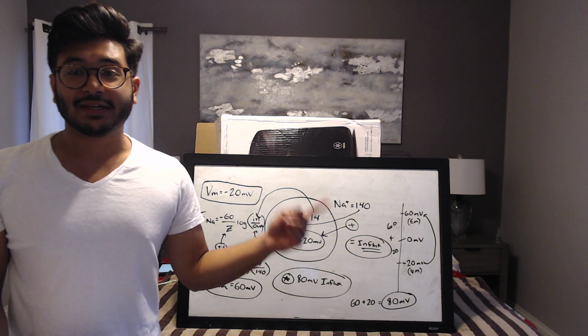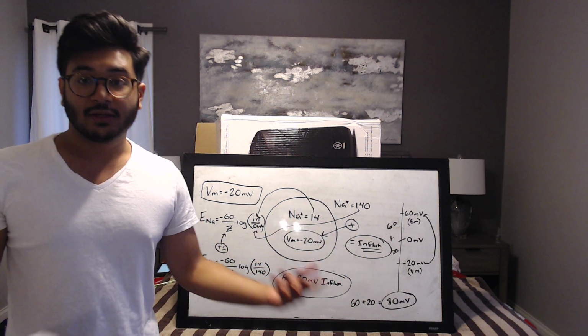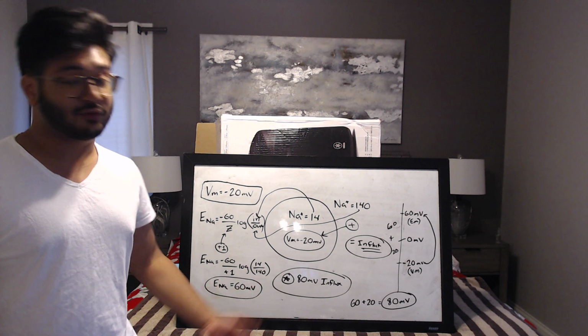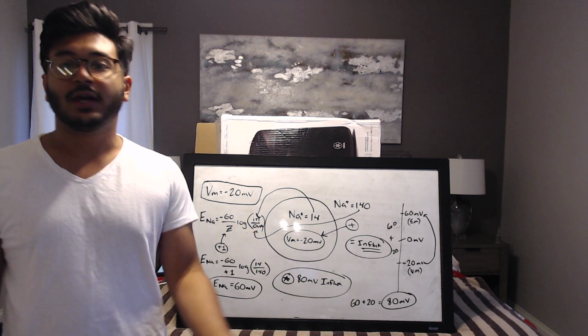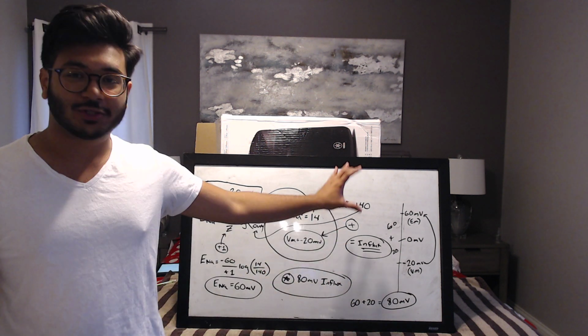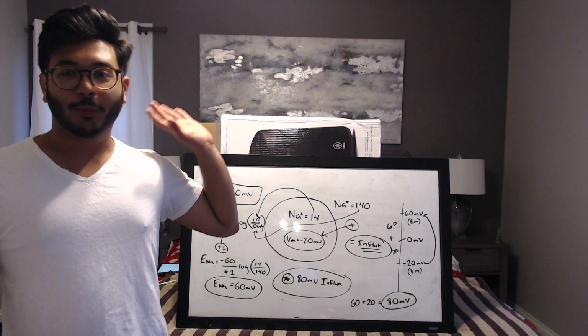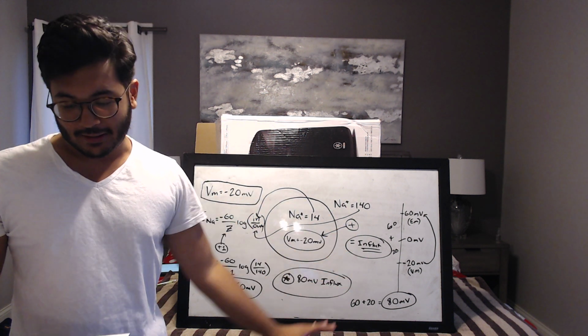And that's how the actual answer choices will be presented on the exam. So that's what you're going to be looking for. You're not going to be looking for negative 80. All you have to do is do it this way, and you'll probably get it right every single time.